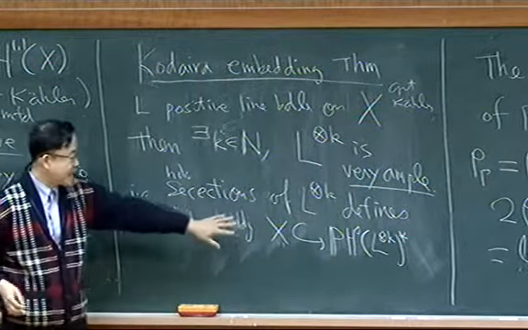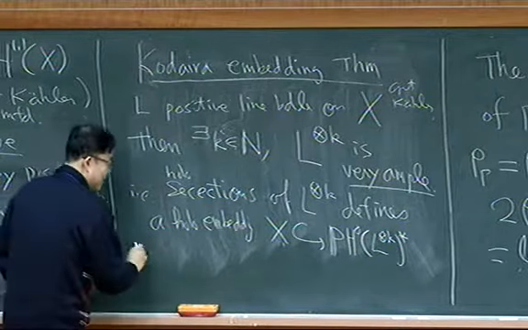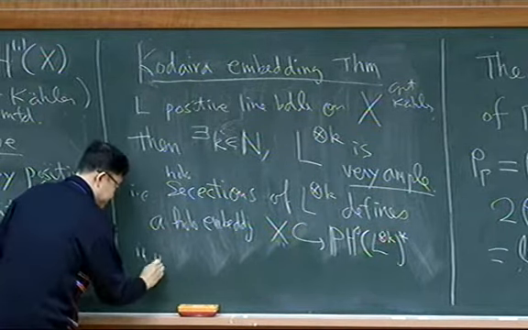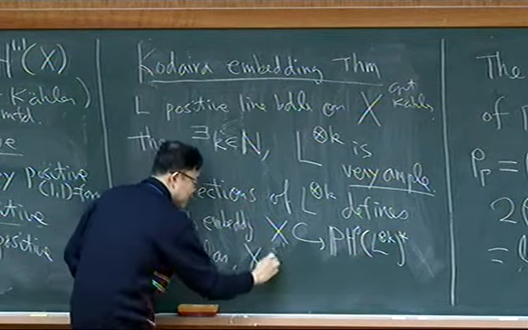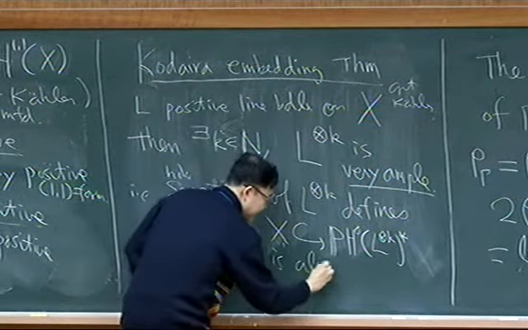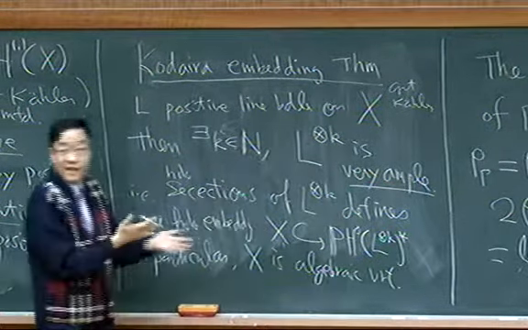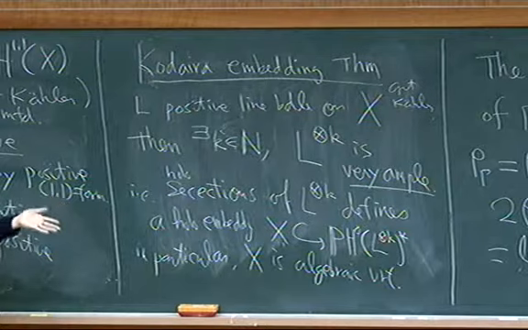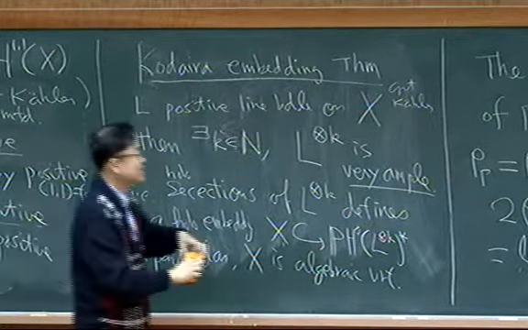So X becomes a projective submanifold. So in particular, X is an algebraic variety. So it's defined by the zero set of some explicit homogeneous equations. So that's the Kodaira embedding theorem.